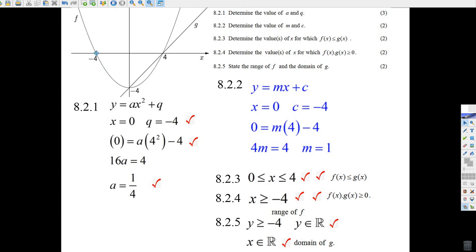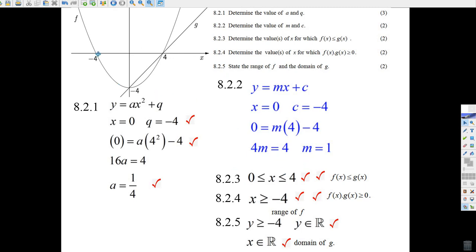The only time it would stop working is when you had a plus f anywhere to the left of negative 4. When would f times g be greater than or equal to 0? Okay, so what is my answer?